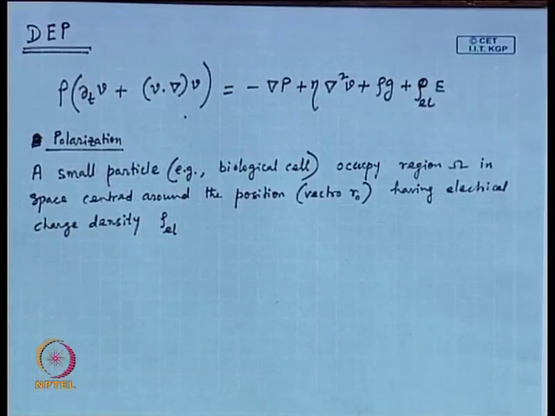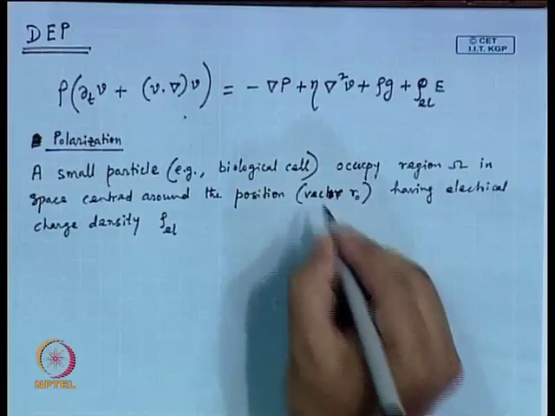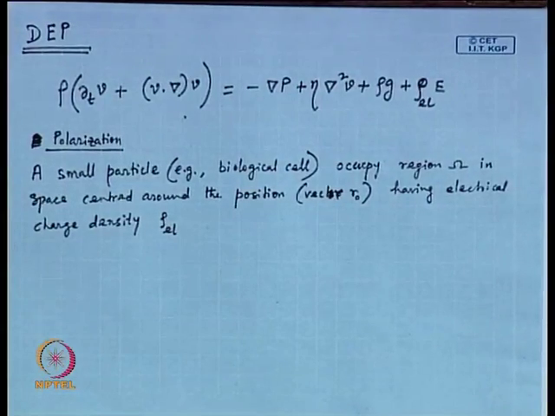A small particle such as a biological cell occupies region omega in space, centered around the position given by position vector r0, having electrical charge density rho EL.